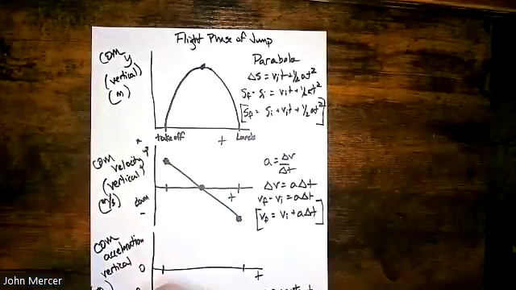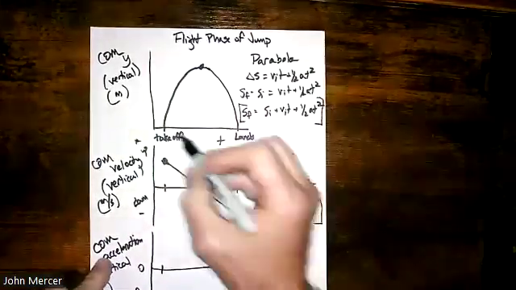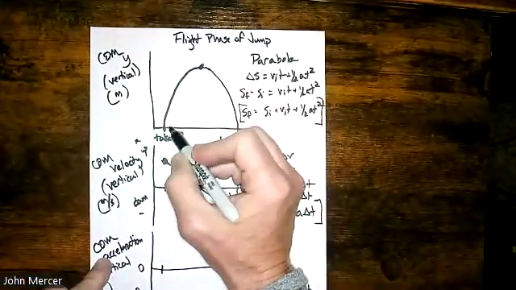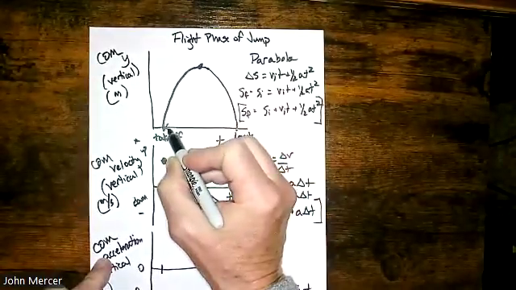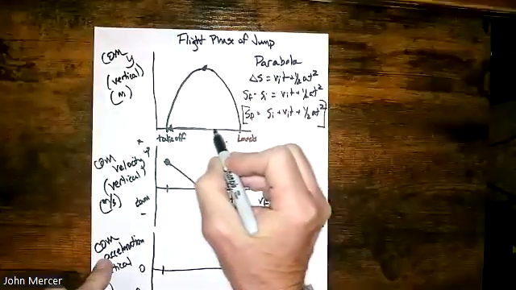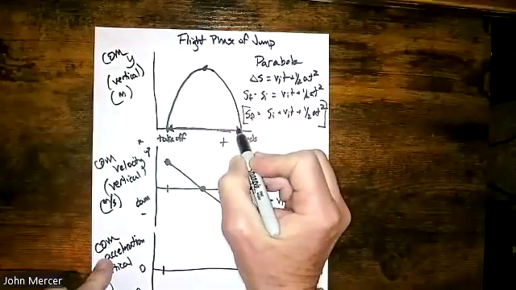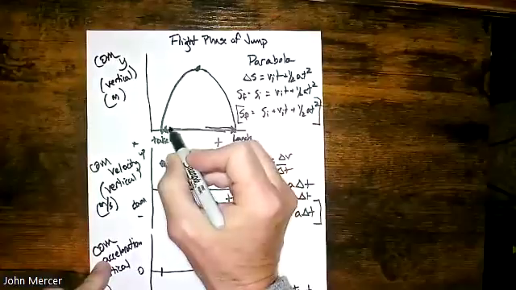But what we do to make it even simpler is we have an instrument that measures simply flight time, how long a person is in the air. I'll make this a little thicker.